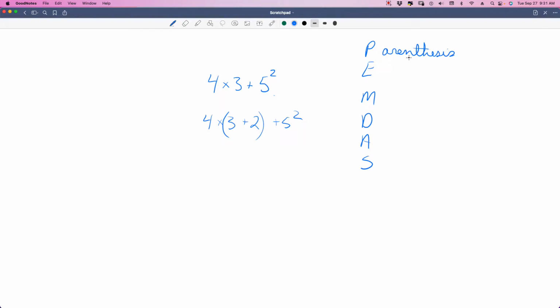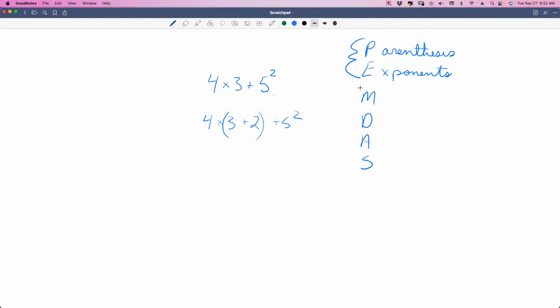If there are operations inside of a parenthesis, then we perform those first. The only exception is exponents. If there are exponents within the parenthesis, you do the exponents first. Then you do what's inside the parenthesis. Okay? So they're kind of on the same level. They're kind of together as a set.